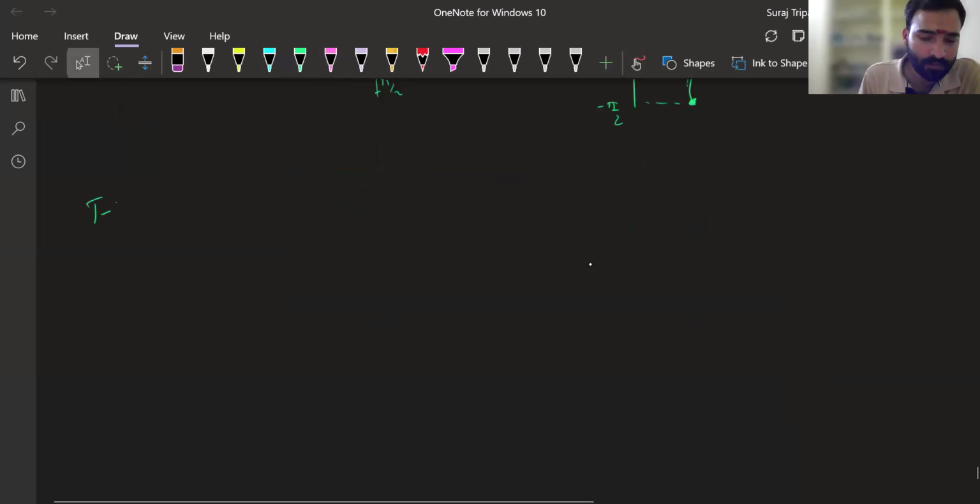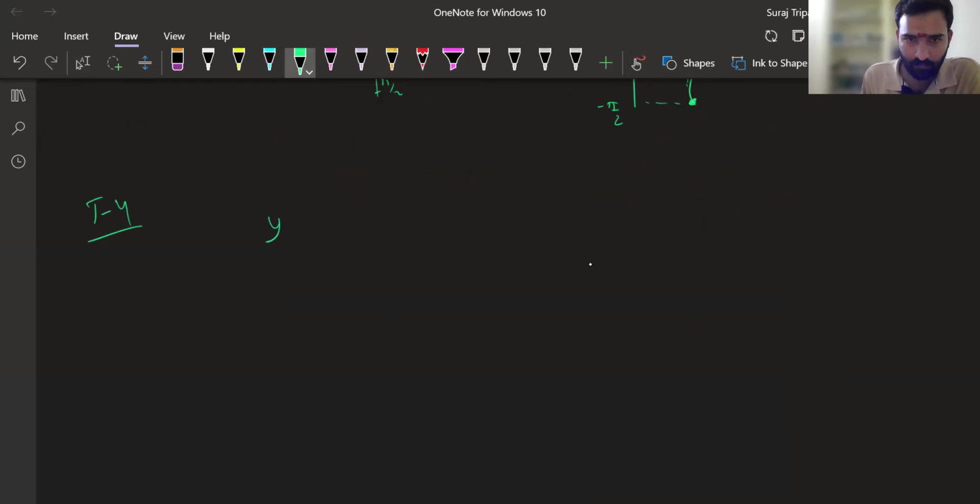Transformation next. I think fourth. Yes, if we are changing y to y minus a or plus a, transformation 3. If we are replacing y with y minus something, right? So we have to shift the entire graph downside by a unit.